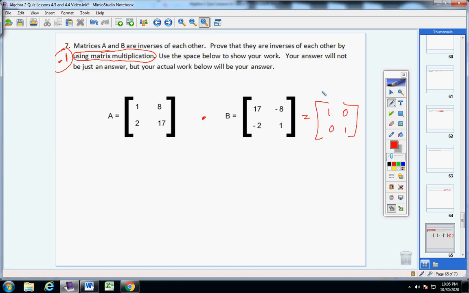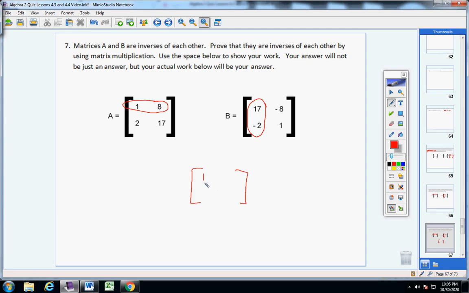So let's see what happens. So here we go. Row times column, that's 1. Row times column, negative 8 plus 8 gives you a 0. Row times column, 34 minus 34, that's 0. Row times column, negative 16 plus 17, that's 1.